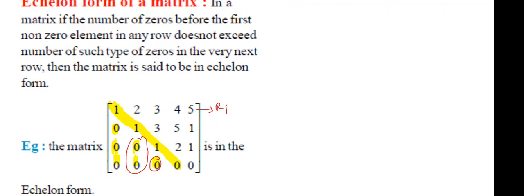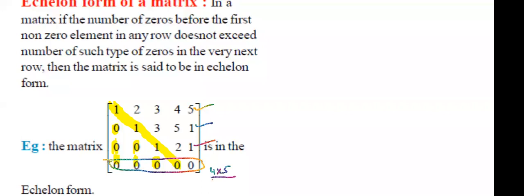After converting to echelon form, observe the number of non-zero rows. How many non-zero rows are there here? 1, 2, 3. The rest are all 0 elements. So non-zero rows are only 3. This is actually a 4 by 5 matrix.